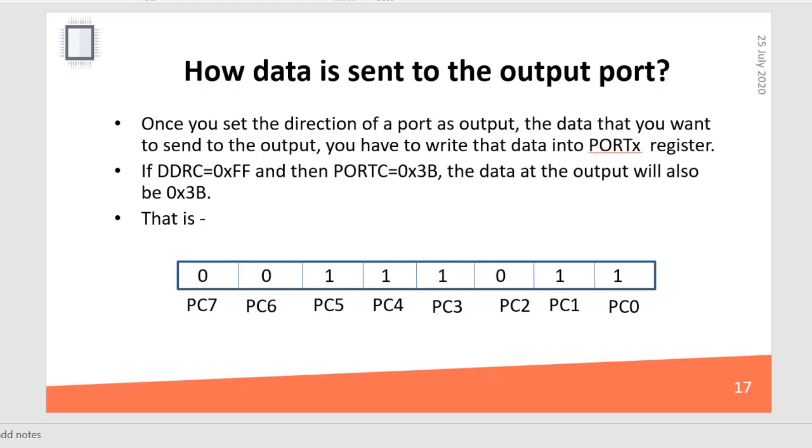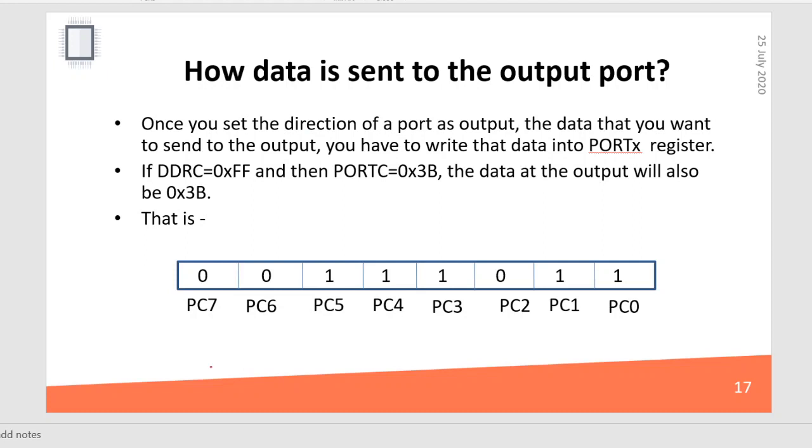So whenever you are writing DDR equal to 0 and 8 ones, or 7 ones or 6 ones, that means you have declared it as output or input or whatever, but you have not sent any data to your port yet. So whenever you want to send data, there is a particular instruction, and that instruction is you have to write the name of that port in capital letters.